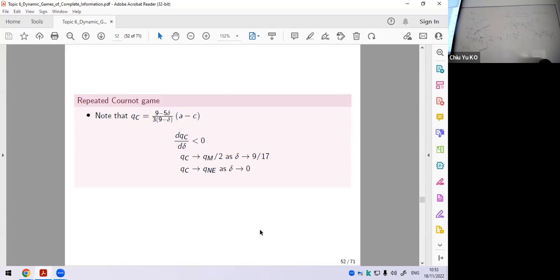So this is a complete description of this game. Is that okay? I forgot whether it's concave or convex. I should have checked it. I'll add the graph back when I update the slide.